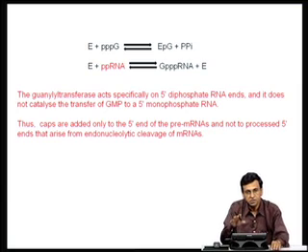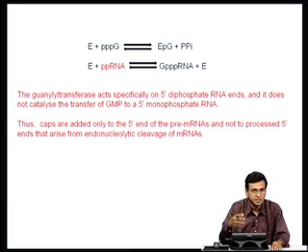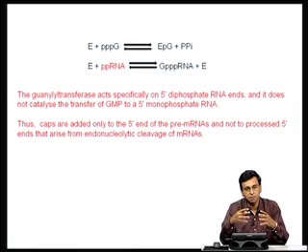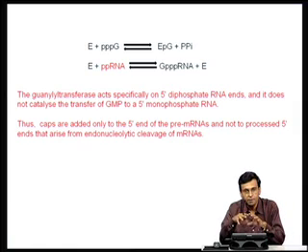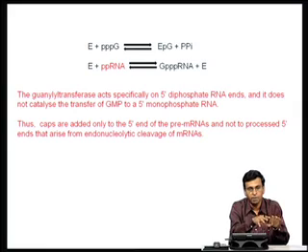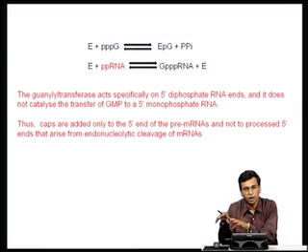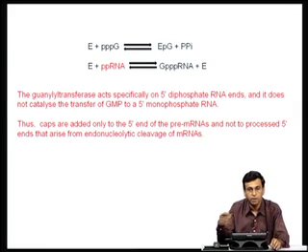So, only the pre-messenger RNA contains a diphosphate at the 5' end, and only this diphosphate is a substrate for guanylation, whereas all the 5' ends which are generated by RNA degradation contain only a monophosphate, and therefore they are not capped. So, you see how interestingly the biological system has evolved a mechanism to distinguish between capping a pre-messenger RNA molecule at the 5' end versus capping 5' ends of RNAs which have been generated by RNA degradation.